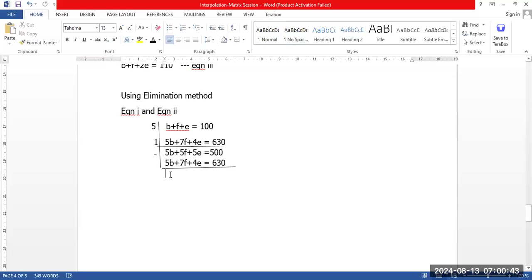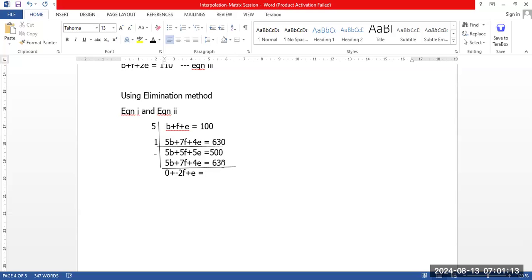If you subtract here, you will get 5B minus 5B, that is 0. Then plus, if you get 5 minus 7, that is negative 2F. If you get 5 minus 4, that is plus E, because that will be 1E. It will be equal to 500 minus 630, that is negative what?